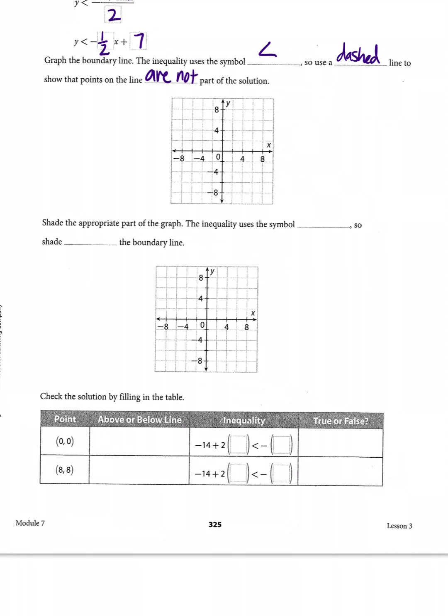We're going to start at 7, and we're going to go down 1 and over 2. And again, this is a dashed line. Shade the appropriate part of the graph. The inequality uses the less than symbol, so shade below the boundary line.